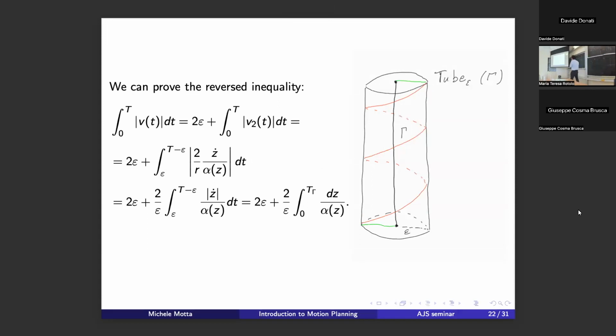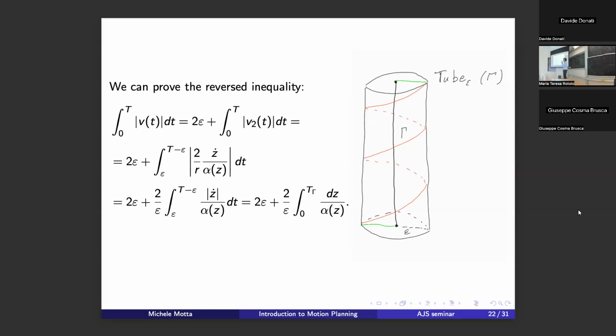And to see this, you can pick this specific control. So first, you start from this initial point. First, you move in the horizontal direction up to the cylinder. So this corresponds to taking the control V1 equal to, let's say, 1 for time epsilon. And then you move just along the tangent direction on the cylinder.